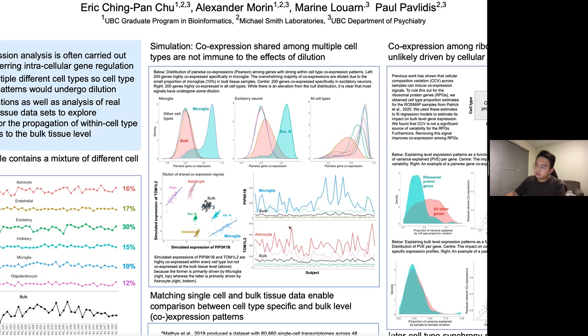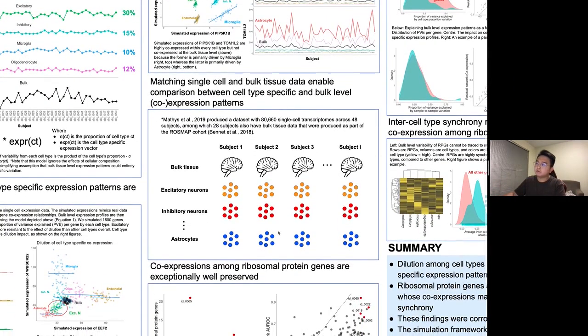Unless they are intercorrelated between the two cell types, that co-expression signal would be lost even if it is present in both dominating cell types. At least in principle, this is something that can happen. Even if a co-expression signal is shared among multiple different cell types in the bulk tissue sample, it's not guaranteed to show up at the bulk tissue level.